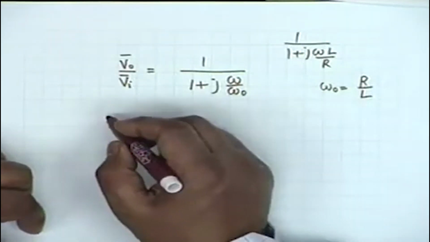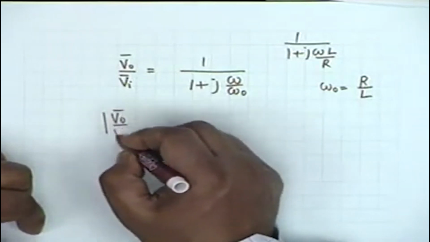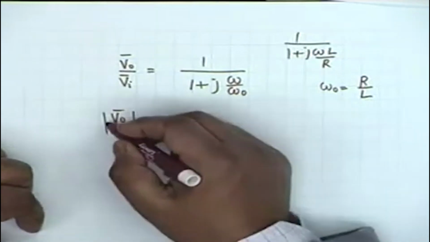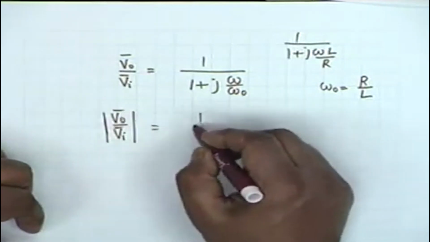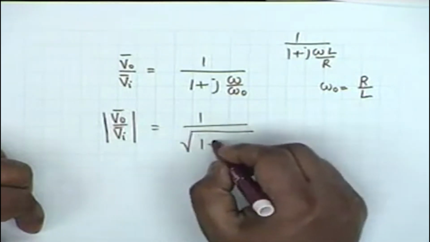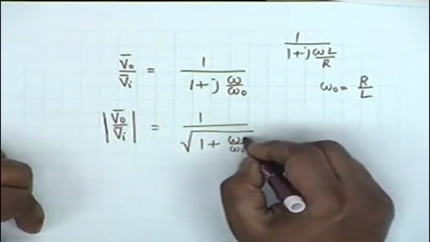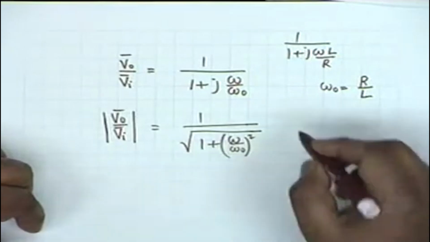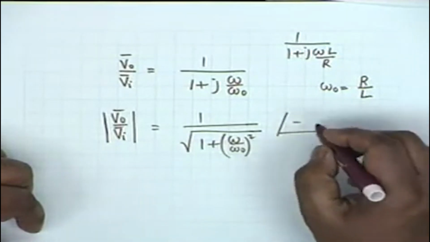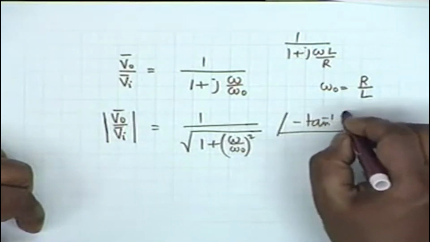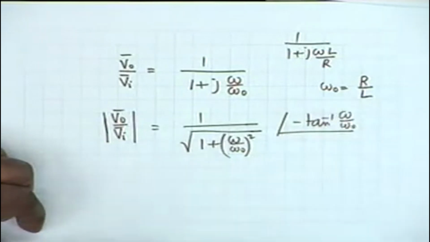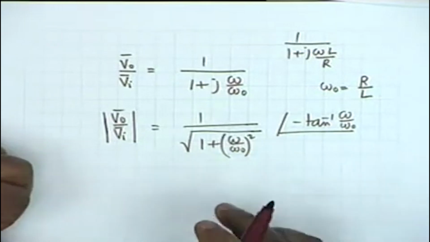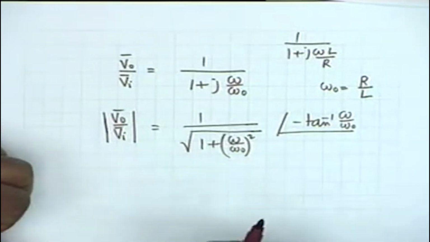And therefore the magnitude of this phasor ratio is given by 1 by square root of 1 plus omega by omega 0 squared. And the angle is minus tan inverse omega by omega 0. Is this clear? Is this okay? Or have I gone too fast?